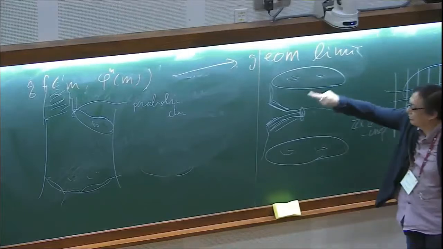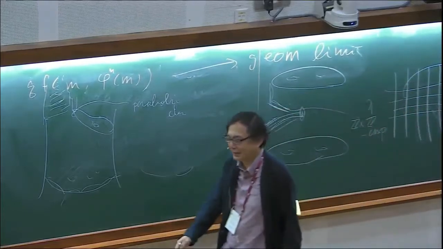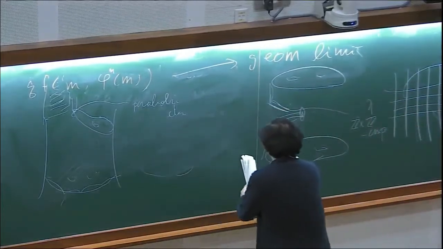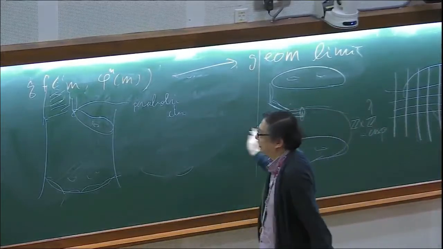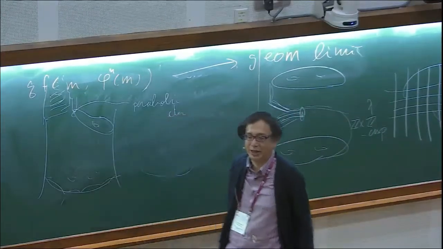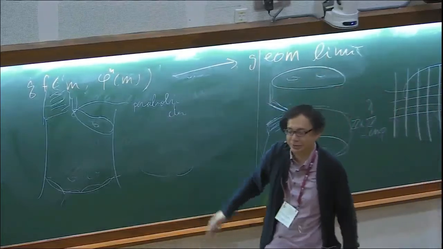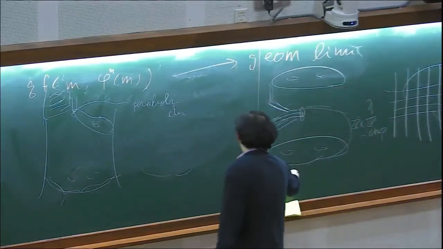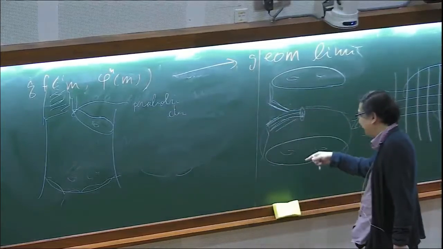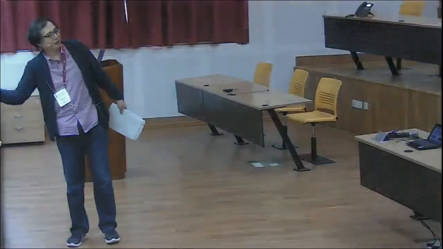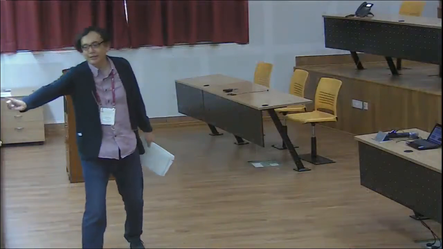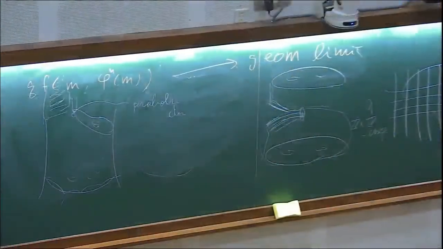You have 1, 2, 3, 4 ends. Only this part lifts to the algebraic limit, so this upper part disappears in the algebraic limit. The covering of this one associated to the subgroup corresponding to this bottom surface is the algebraic limit. So that's the picture you have.